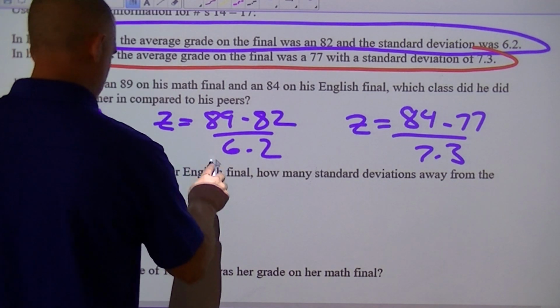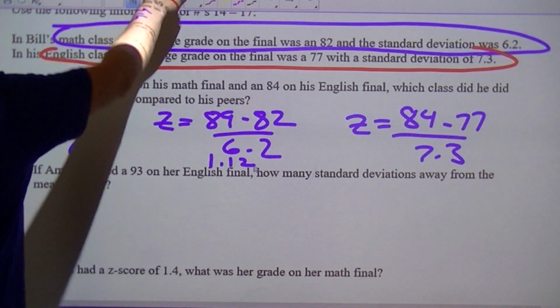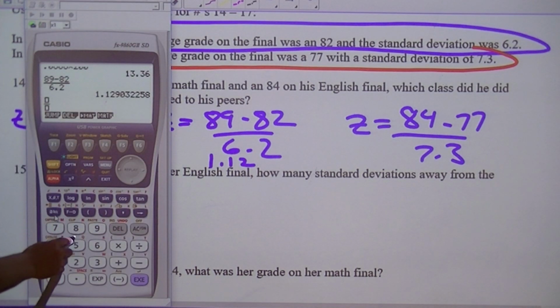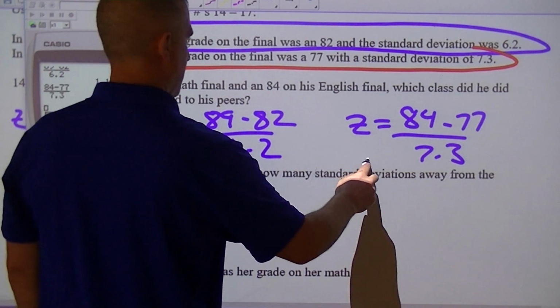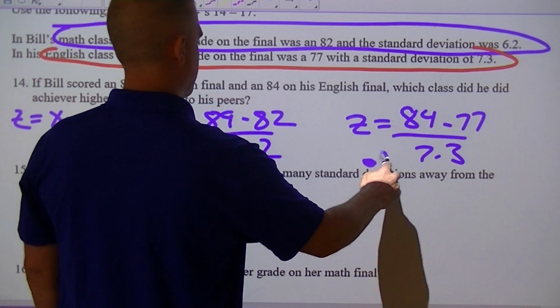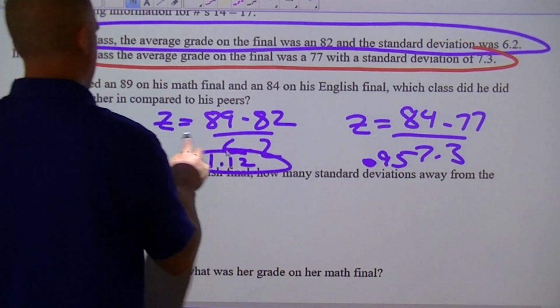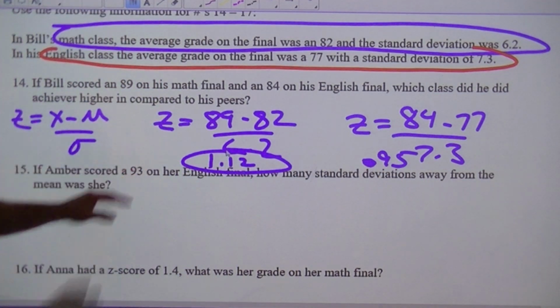That's 1.12. That's 0.95. So the bigger one would be this one. He did better on that one.